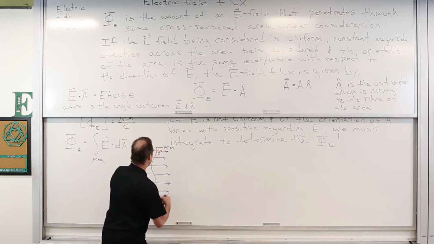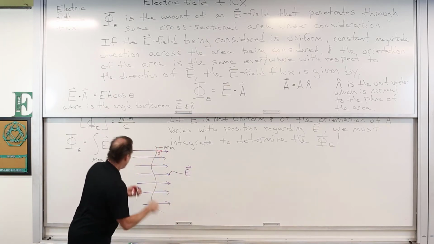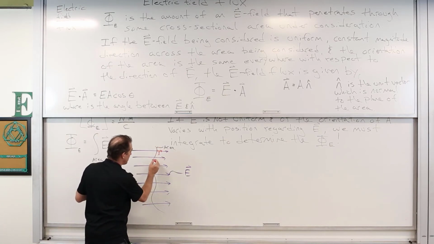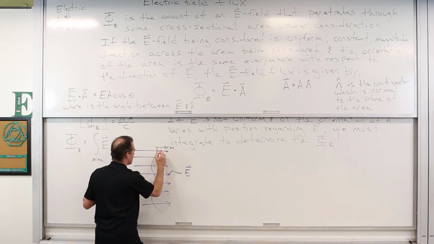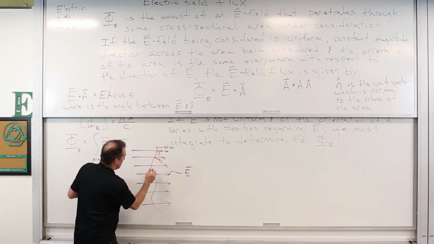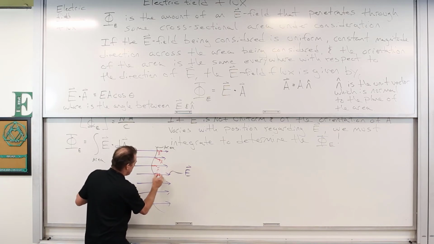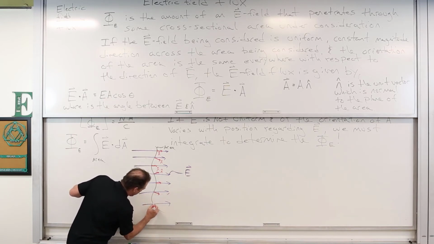I should write this as our E hat. But then if we go over here, and again, we'd have to do it everywhere, this is just looking at a couple spots. Over here, the normal vector is pointing like this. Back over here, now it looks like that again. Over here, it looks kind of like this. Over here, over here, over here.